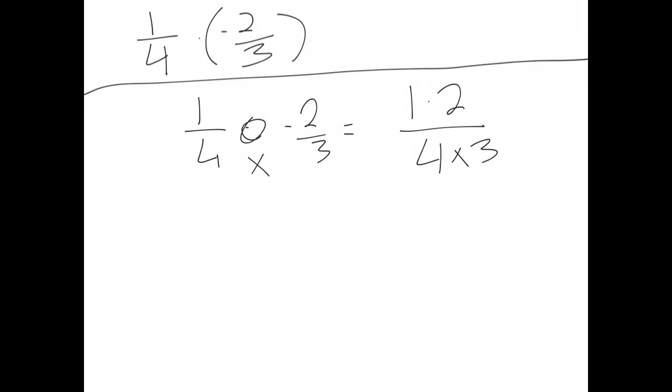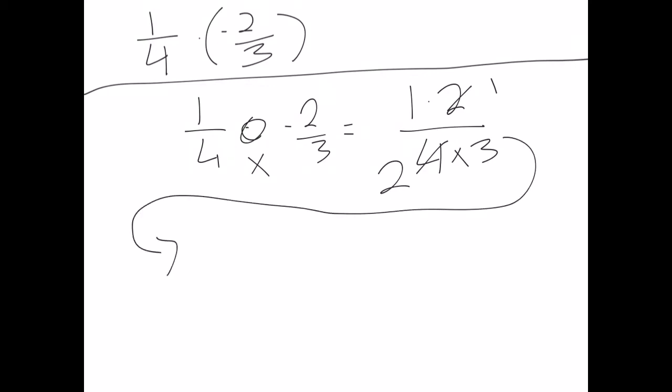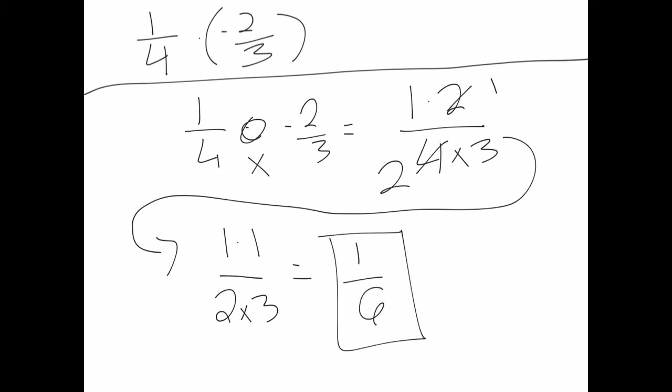So now is the step where we can cross divide anything we need. So 2 and 4 just go in 2 times, and that makes the problem much easier. So then we'll go 1 times 1 over 2 times 3, and this will equal 1/6. And don't forget the negative, so it'll be negative 1 over 6. And that is how you do the math problem.